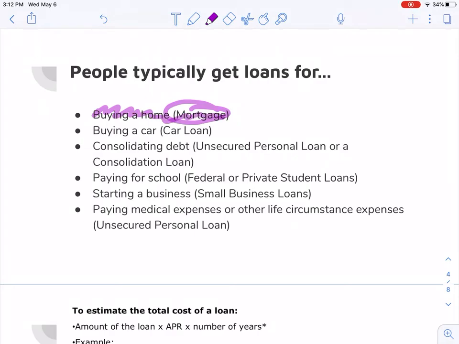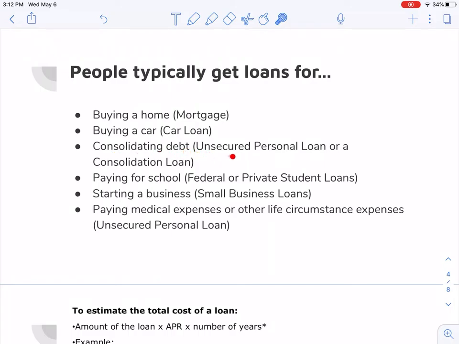Another is buying a car. This one is a little bit more possible, where people can save up and pay flat out for a car, but oftentimes it's a large enough purchase where people will get a car loan in order to buy a vehicle. Another thing that people use loans for is consolidating debt.